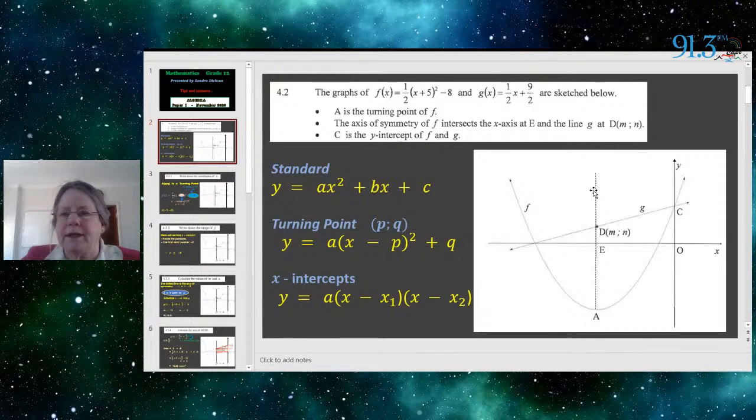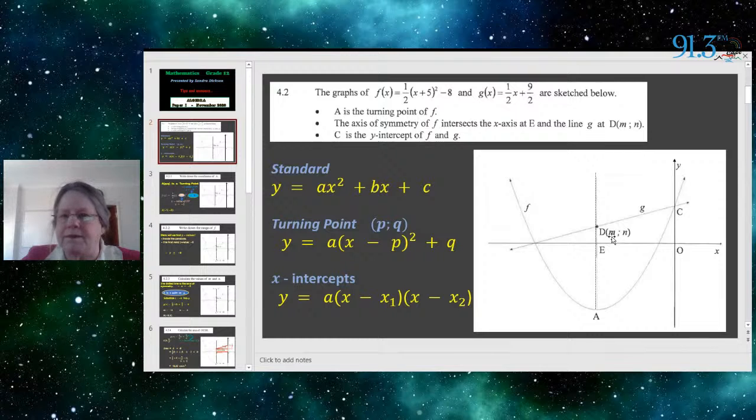So this is quite an important line which we miss. You need to understand that any vertical line or a horizontal line, for that matter, has an equation. Be very careful that this axis of symmetry is a very special line. It crosses the x-axis, so the x-intercept would be at m.